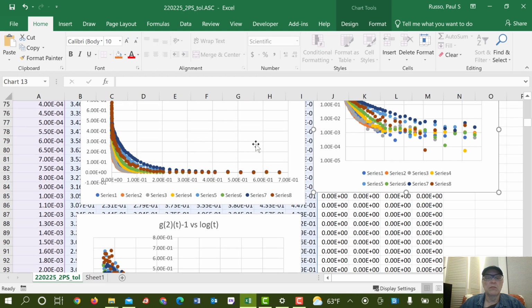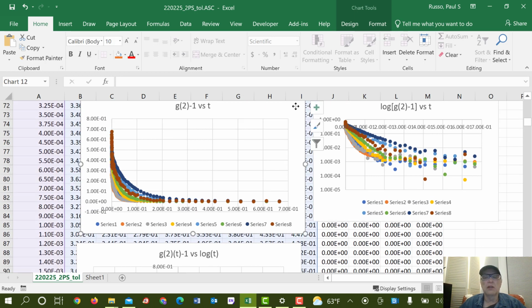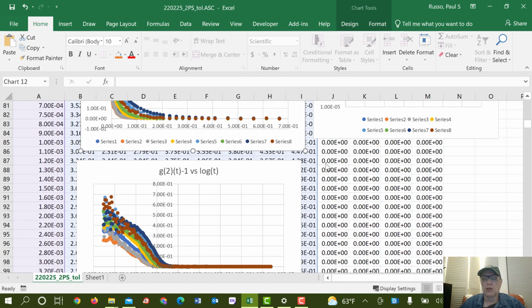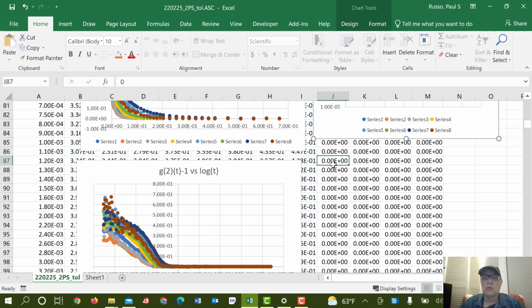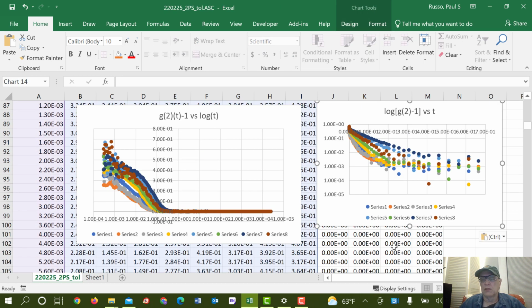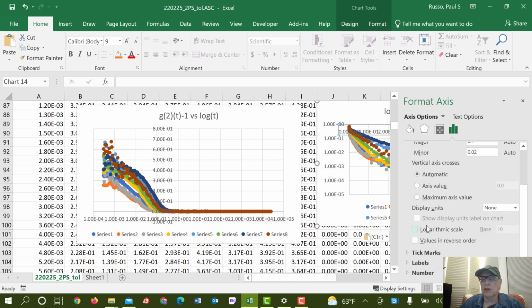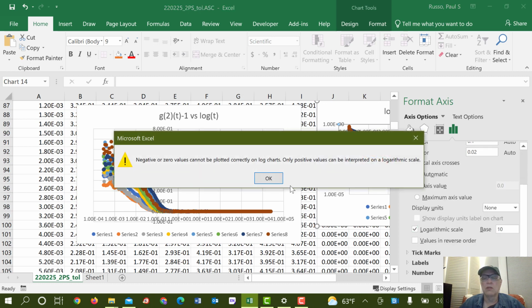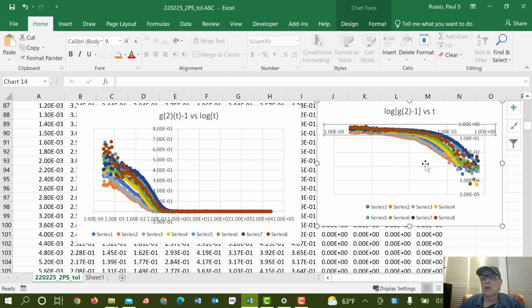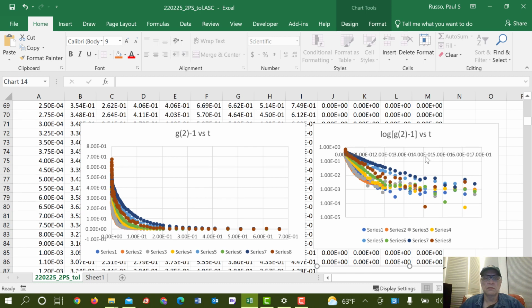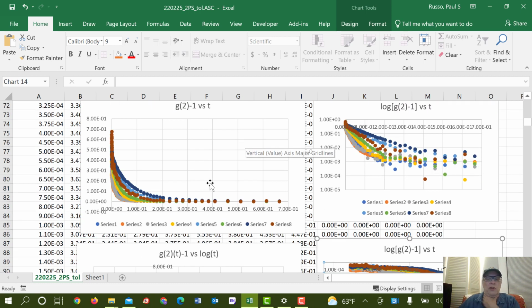And let's take this one again as the, well, I guess it made more sense to take this one. And format the axis so that the x-axis is also log scale. So now we have, I would say, pretty reasonable selections.